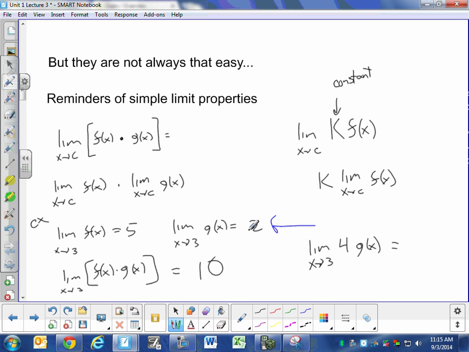Well, you know the limit as x approaches 3 of g of x is 2. I would just take this 2, multiply it by this 4, you get 8. Simple, right? Makes sense. You just take these numbers and you plug them in. This is 5, this is 2. This is 2 that I use, times 4 is 8.